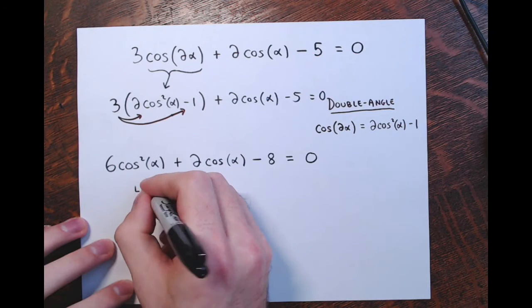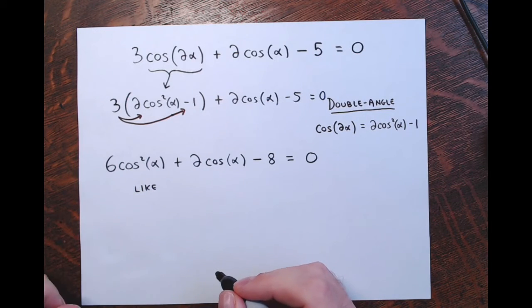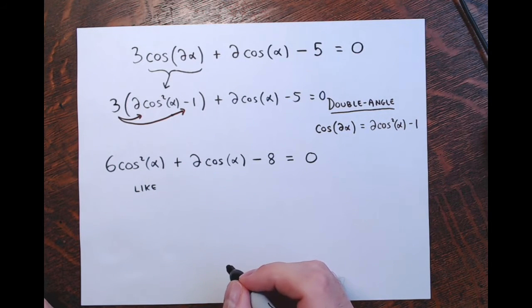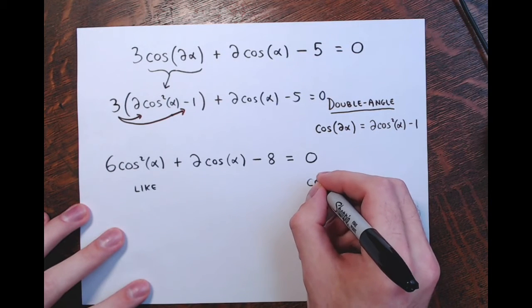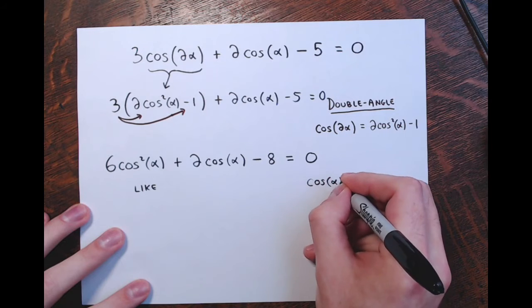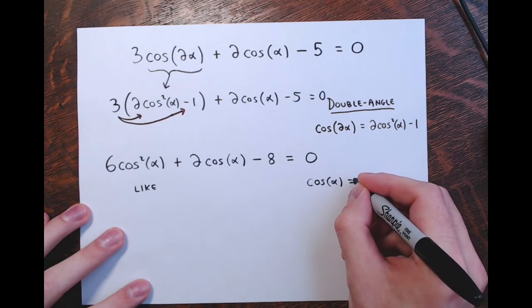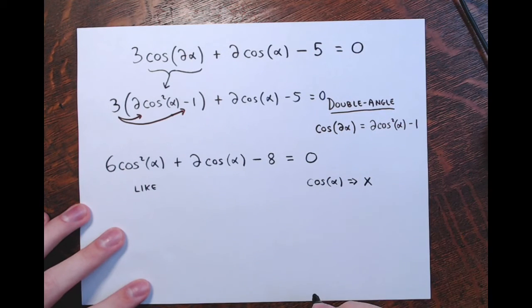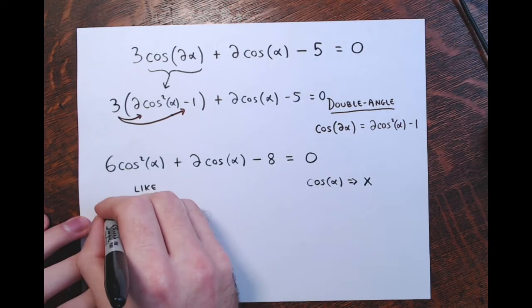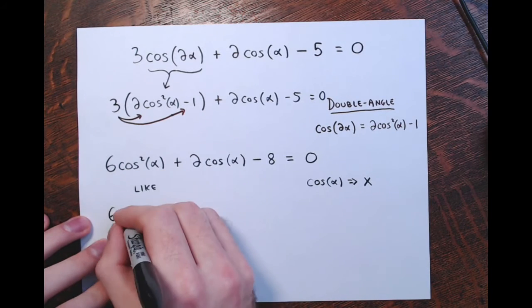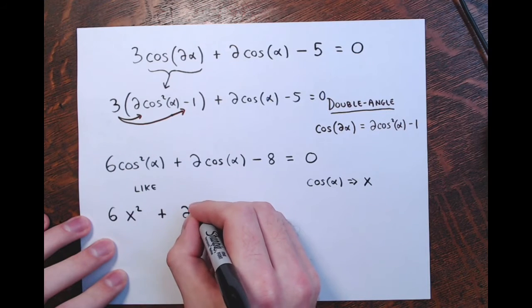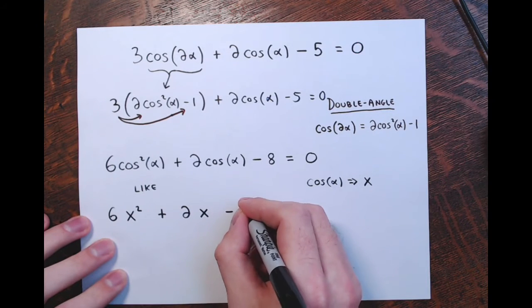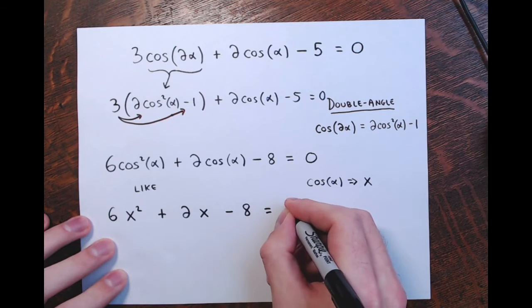If I were to make a little substitution, just so I don't have to keep writing the cosine of alpha all the time, every cosine of alpha I see, I'm just going to replace it with x. So this is just like solving 6 times x squared plus 2 times x minus 8 equals 0.